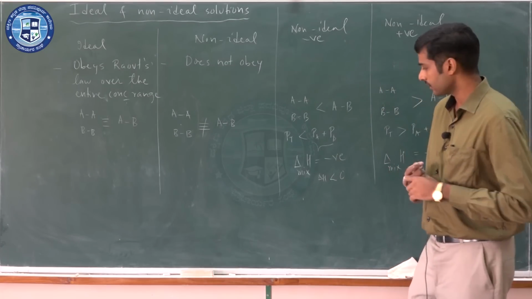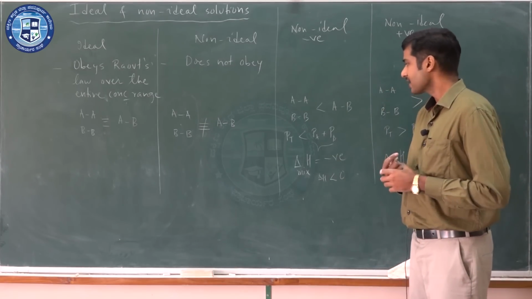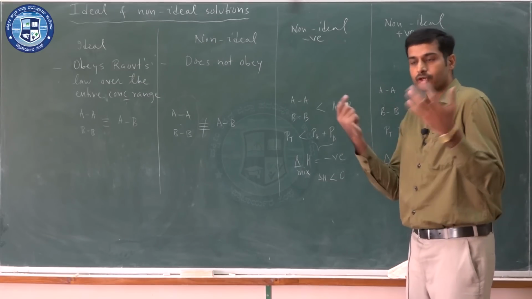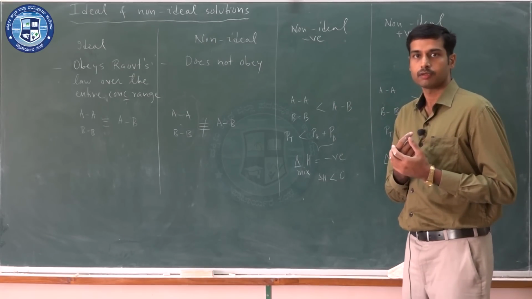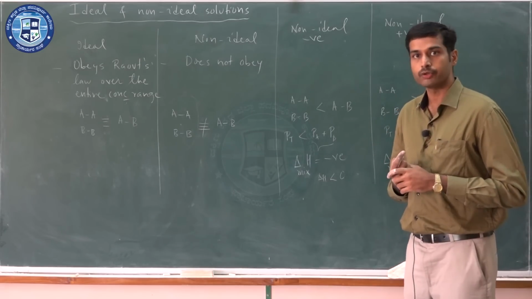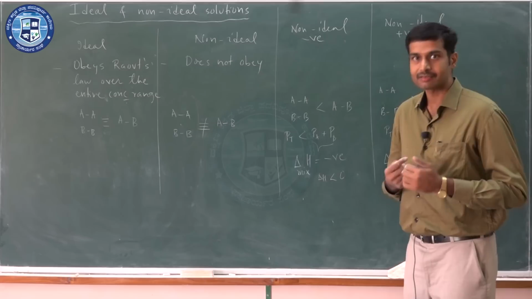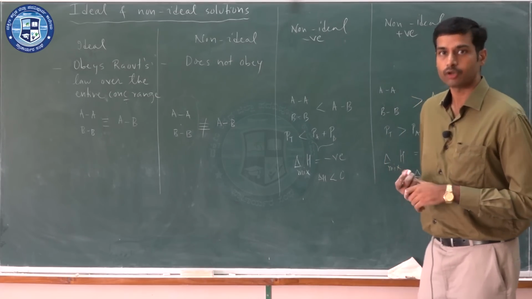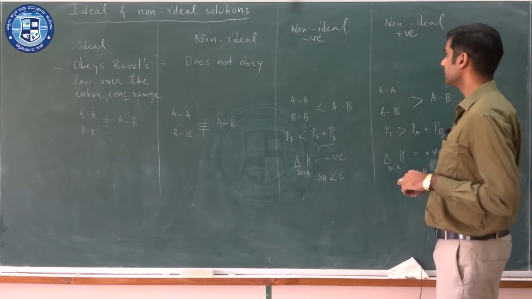So, let us try to understand this particular part. The molecules come closer, and because the molecules come closer in the solution, the total volume of the solution will now be less than the sum of the individual volumes of the components. How to understand this?